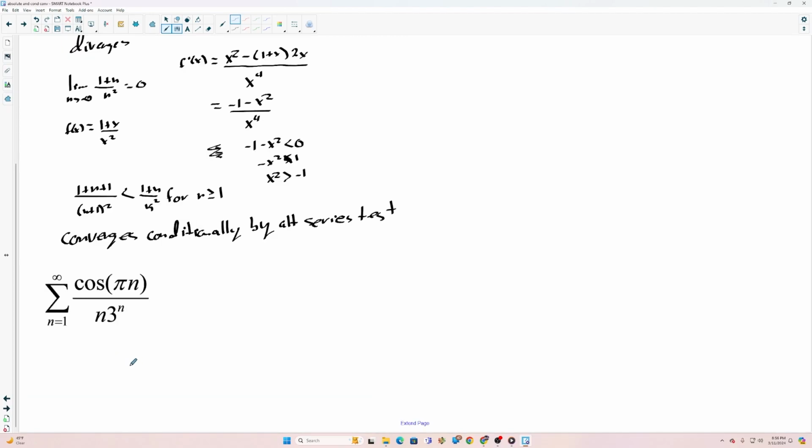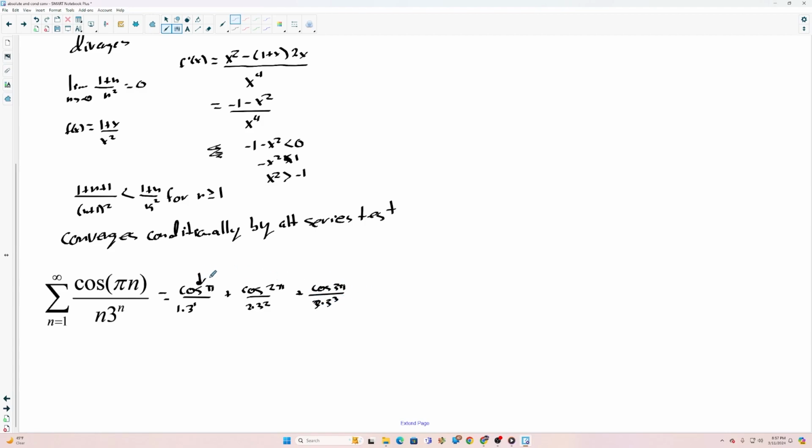For this one, we're just going to write out some of the terms. If you plug in 1, that's cosine of pi over 1 times 3 to the first, and then plus cosine of 2 pi over 2 times 3 squared, plus cosine of 3 pi over 3 times 3 to the third, and so on.